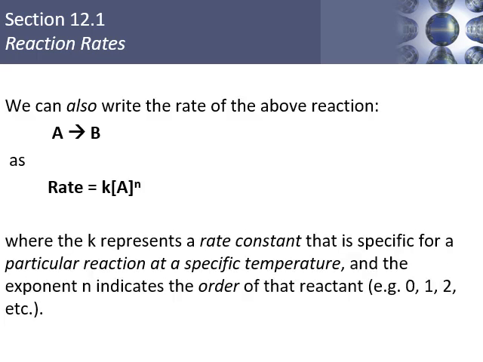And then there's another way we could write it, and that is to write it where the rate of this reaction is equal to some rate constant K times the concentration of A, for reasons that we'll see later in this chapter.